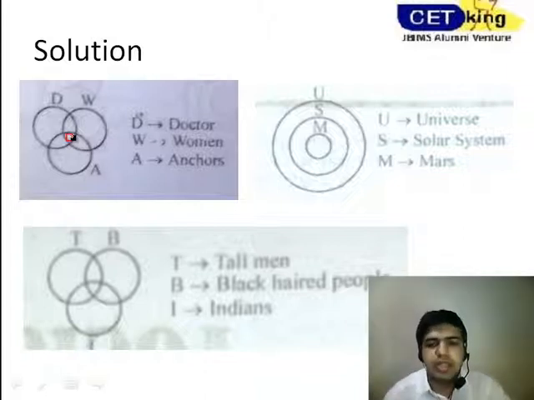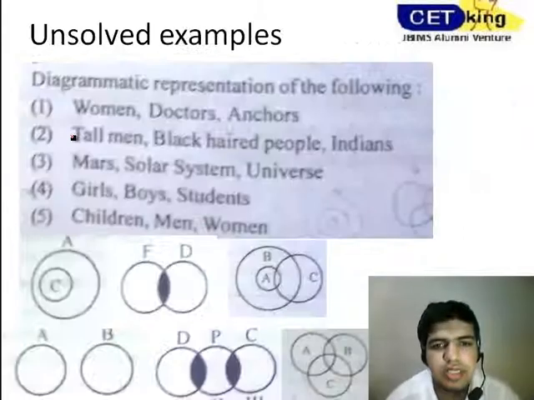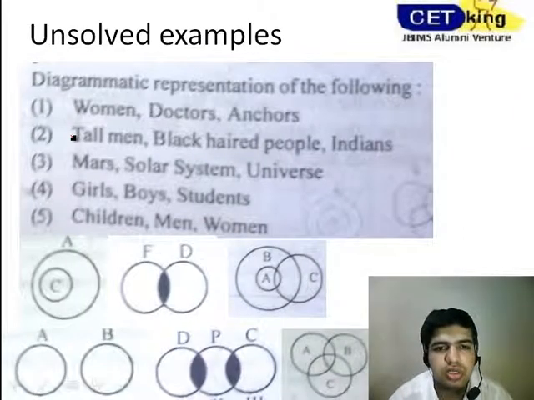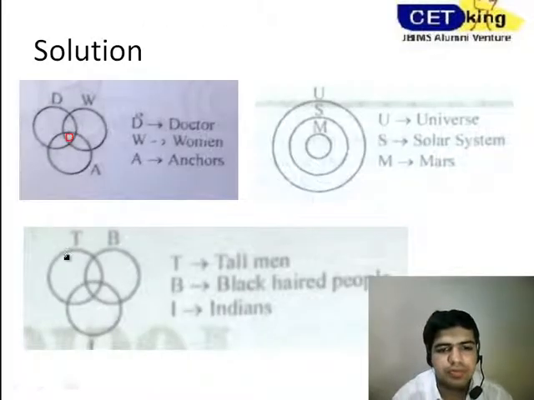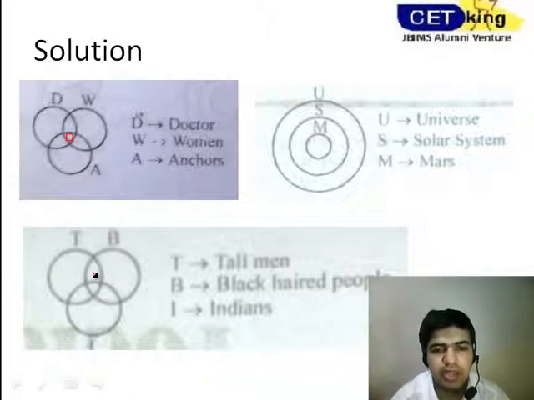The next example: tall men, black haired people, and Indians. Are all tall men black haired? There can be a common region between tall men and black haired people, but it won't be a subset. There will be some tall men who are not black haired, and some black haired people who are not tall. And then Indians: there can be some Indians who are black haired, some not.